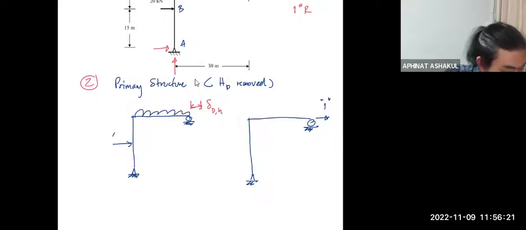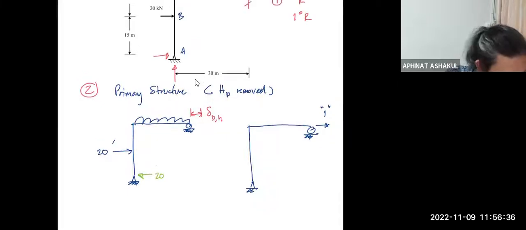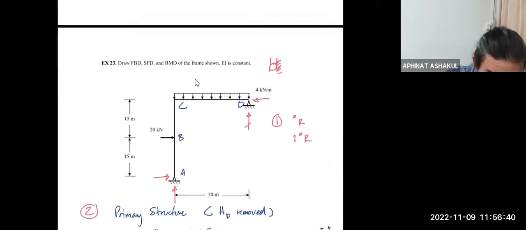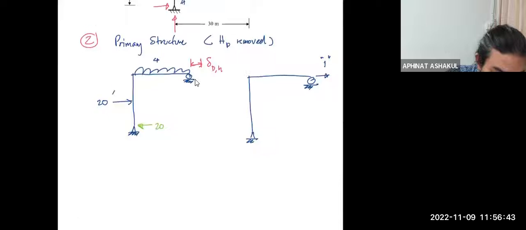So here is 20. That has to be 20 for sure. Reactions, I use a different color. That's 20. And now, because at the moment that is 4, what's the unit? Kilonewton per meter.